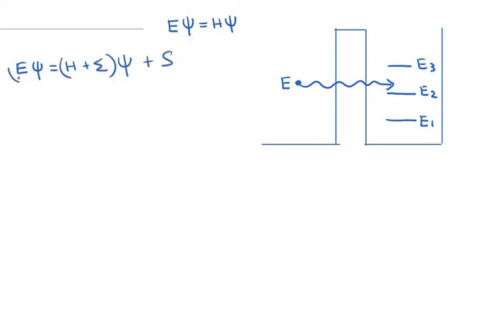So E in this case is no longer an eigenenergy of the entire system, but represents an independent variable, and we are looking for the response of the system when we inject an electron at an energy E.